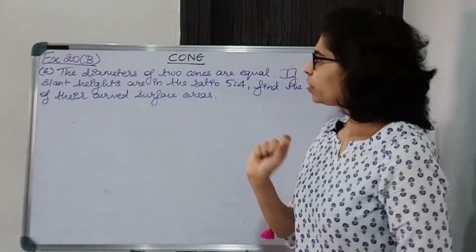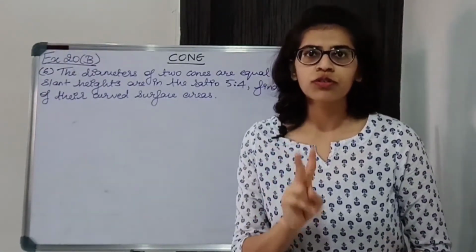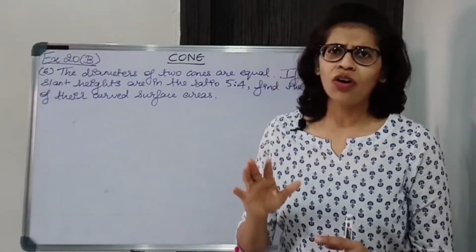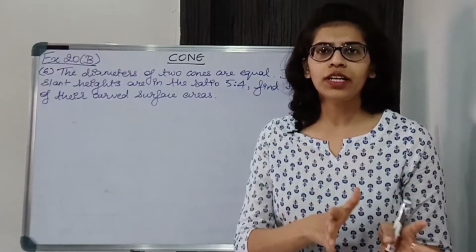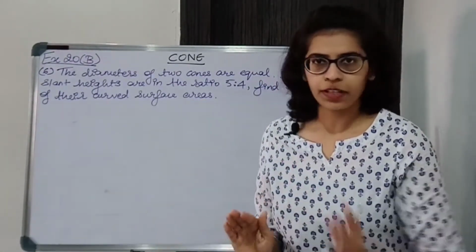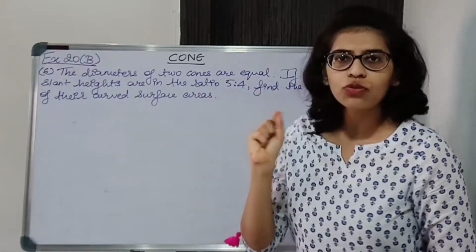Okay, now we have two cones in the picture. So there are two cones, so you have to number them. Okay, cone 1 and cone 2, or you can consider small letters for cone 1 and capital letters for cone 2. Depends on what you want to do. Now you are given that the diameters of the two cones are equal.